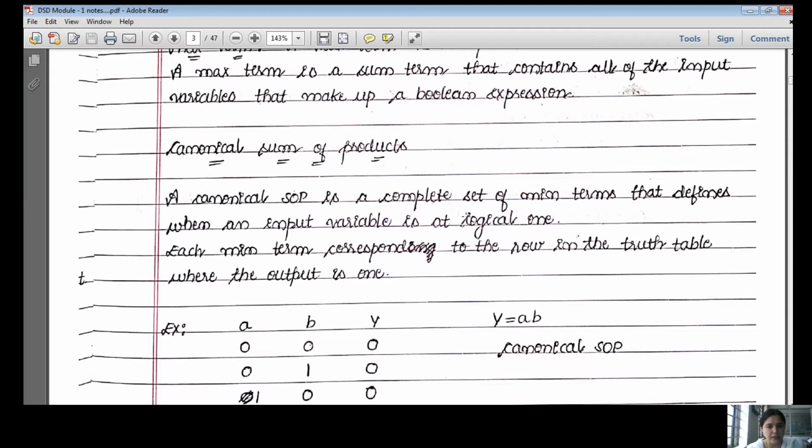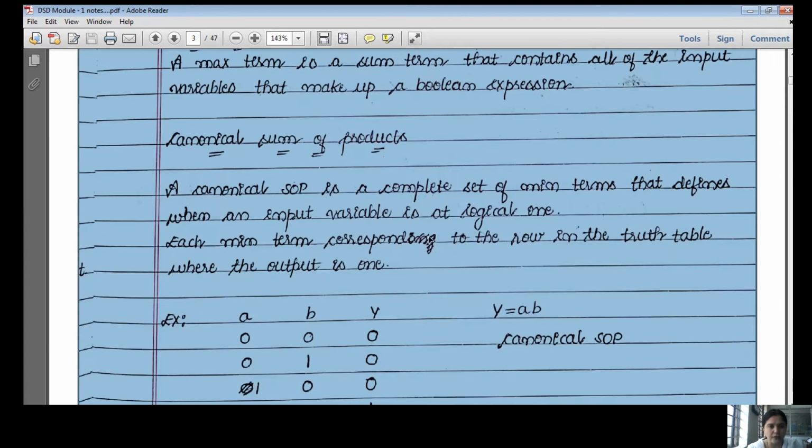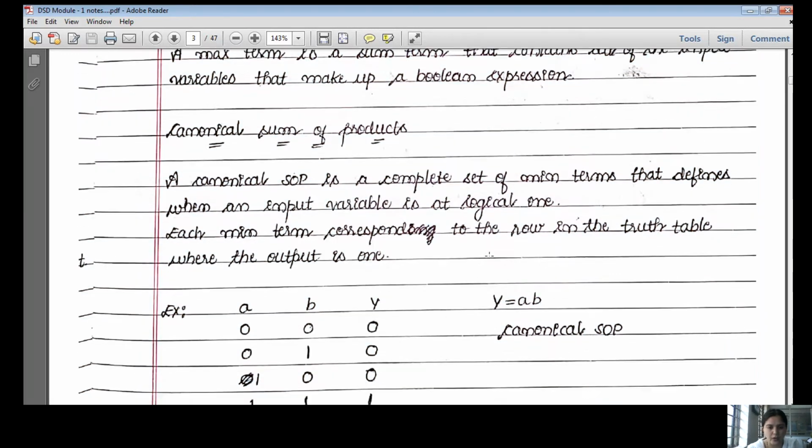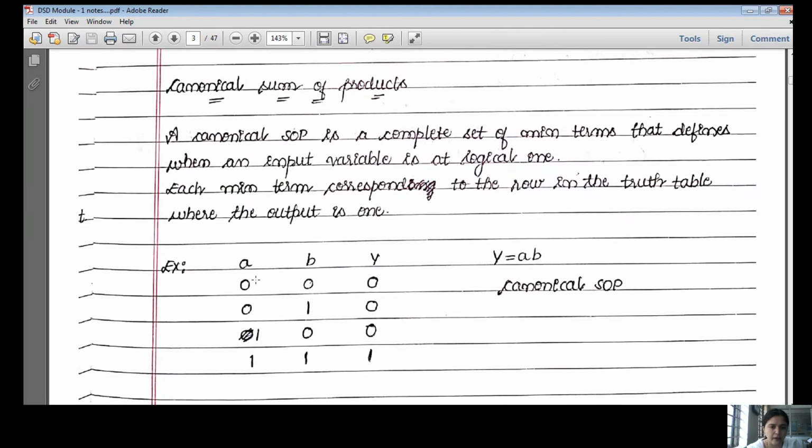Canonical sum of product is a complete set of min terms that defines when the output is at logic 1. Suppose you have this truth table, where A, B are the input variables and Y is the output: 0 0, 0 1, 1 0, 1 1. At 1 1 we have logic 1.